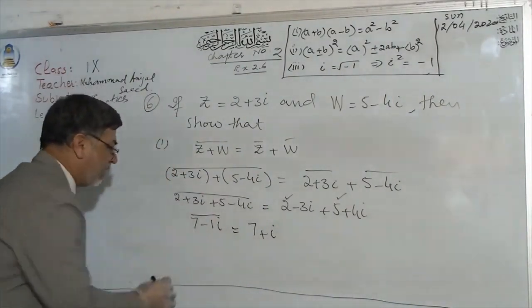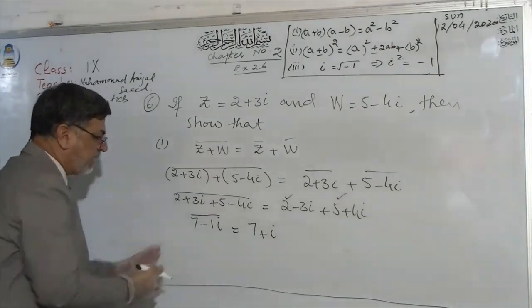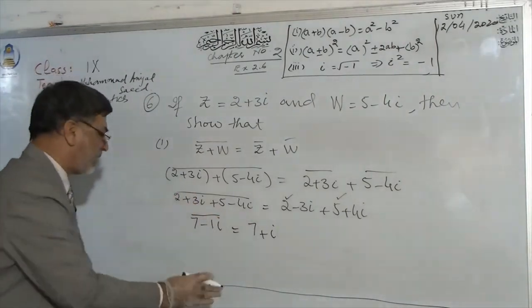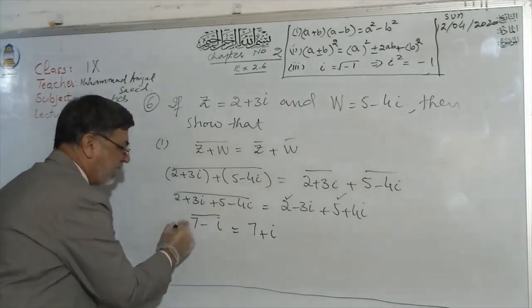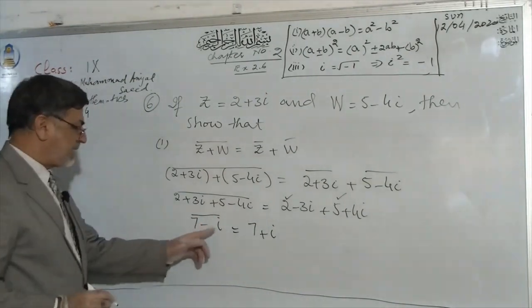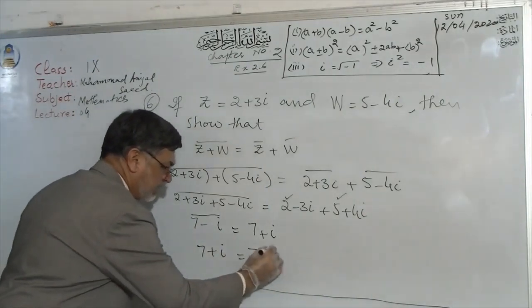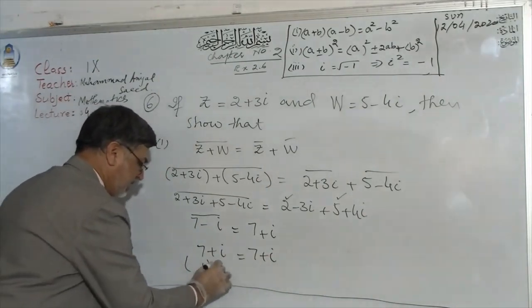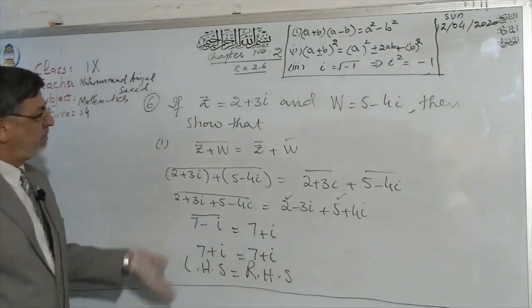Apply the bar now. You know that this minus 1, whether it is written or not, makes no difference at all. So you can remove this minus 1 and apply the bar, conjugate. Change the sign before iota. 7 plus iota is equal to 7 plus iota. Left hand side is equal to right hand side. So this is your proof of that first part.